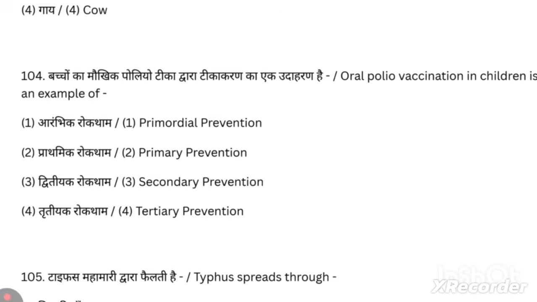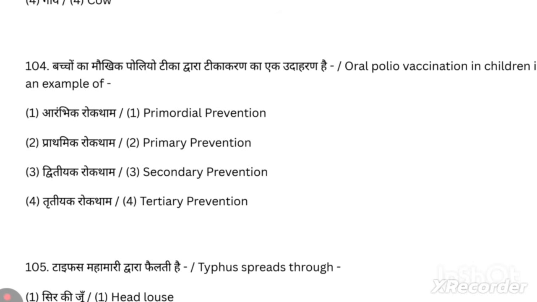Next question is, oral polio vaccine in children is an example of? So it is an example of primary prevention. What is primary prevention? It is preventing disease before the occurrence by vaccination. So OPV is given to prevent polio before the infection comes.